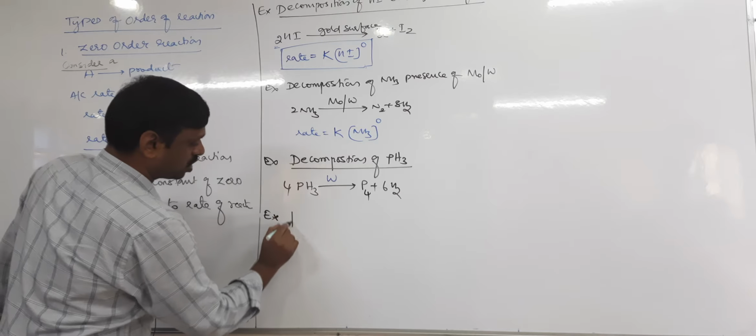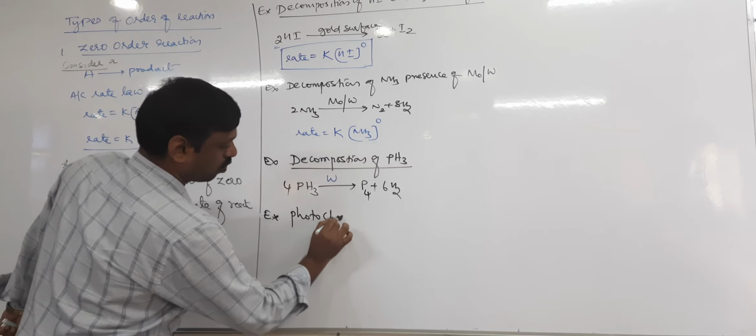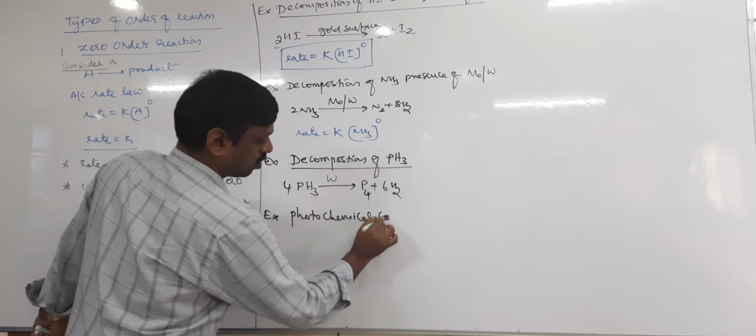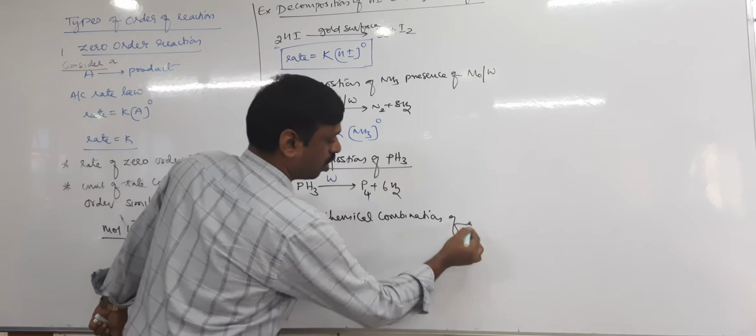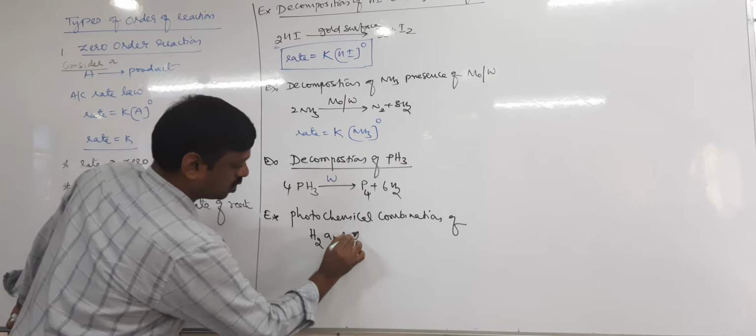Next, one more example is the photochemical combination of hydrogen and chlorine. Photochemical combination of H2 and Cl2.